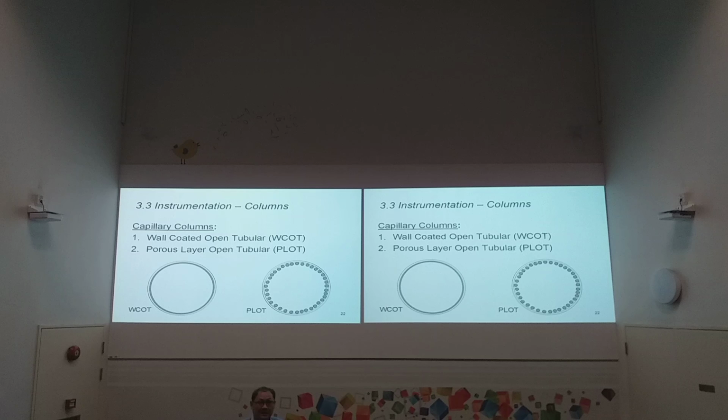But another technique is, instead of one homogeneous layer of the liquid solvent, we can pack and stick very, very tiny particles onto the internal wall of the column. So the difference between these two is, this one is homogeneous, a liquid chemical.